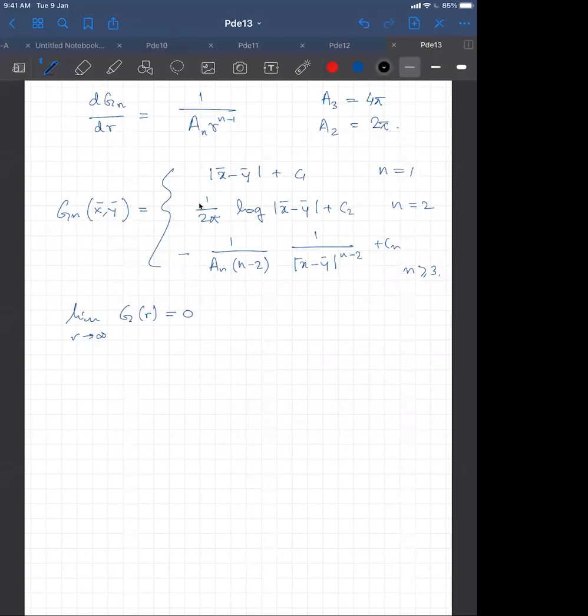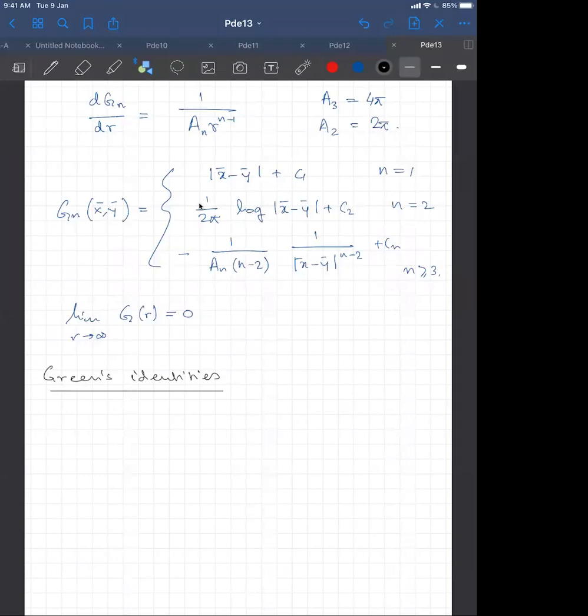So this is where we want to focus on things called Green's identities. The Green's identities are identities that establish relations between the fundamental solutions Gn and the solutions of the Poisson equation.